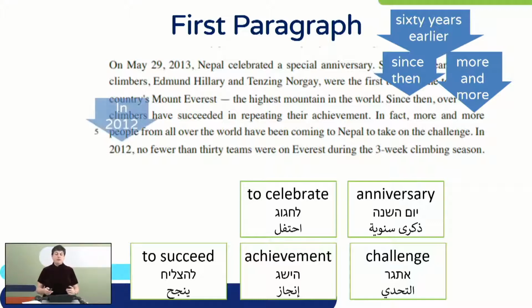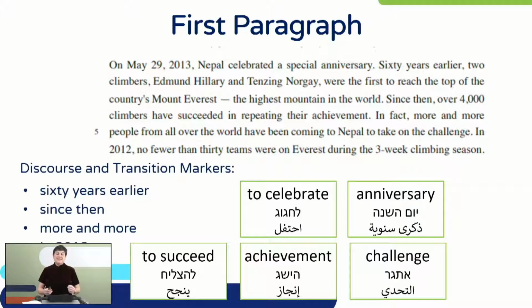These are all different kinds of markers. In 2012, well, that was a year before the 60-year celebration. These discourse and transition markers help us to know where the story is, when the story takes place, and how one thing relates to another inside the text.